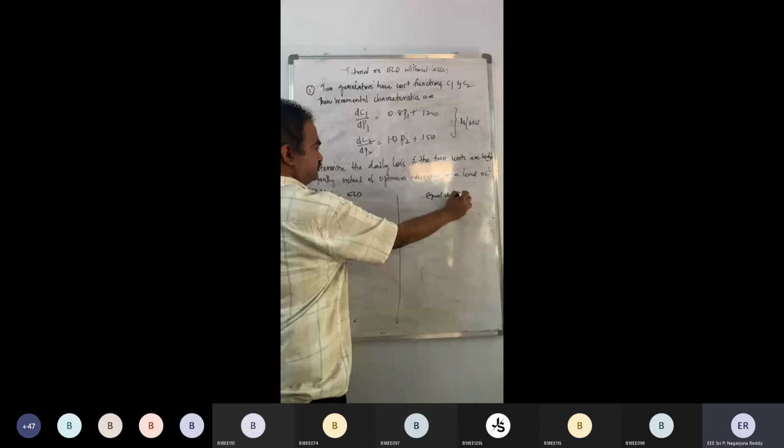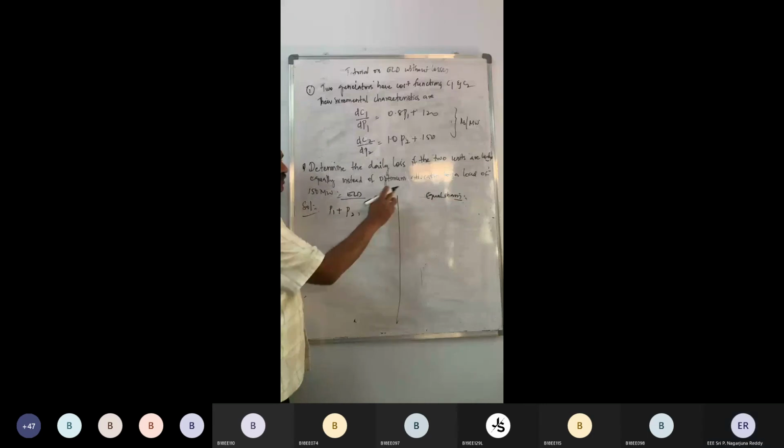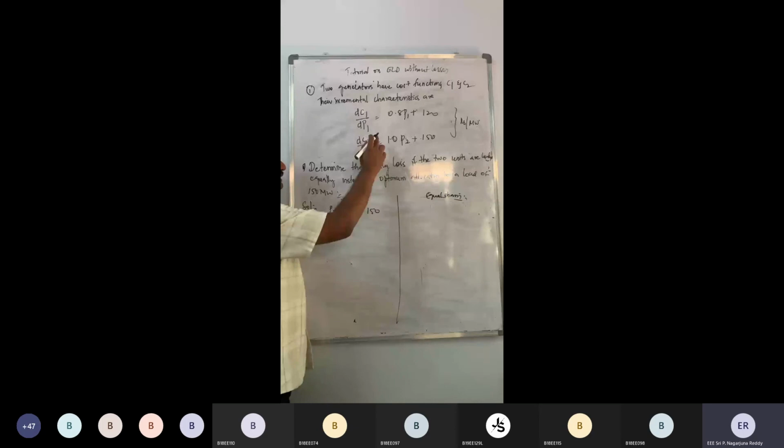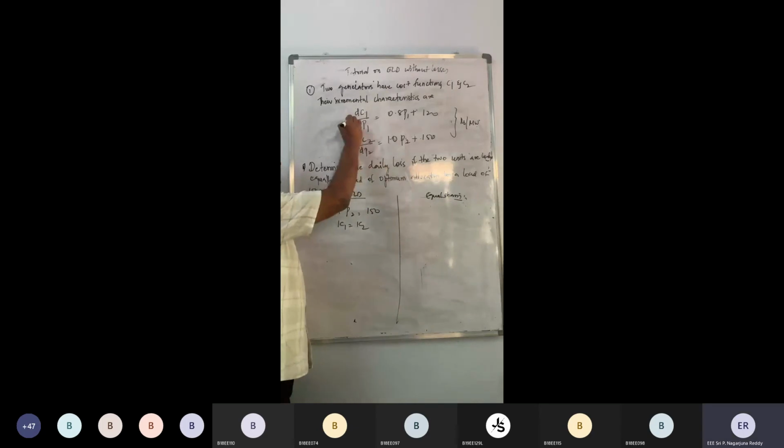First of all, ELD. For getting ELD, I need to solve two equations. P1 plus P2 is equal to the total load, 150. The other equation is IC1 is equal to IC2. This is IC1, this is IC2, because the derivatives are being given.